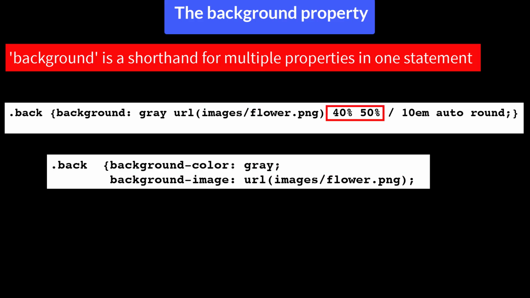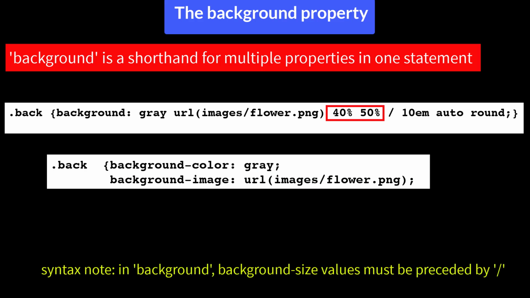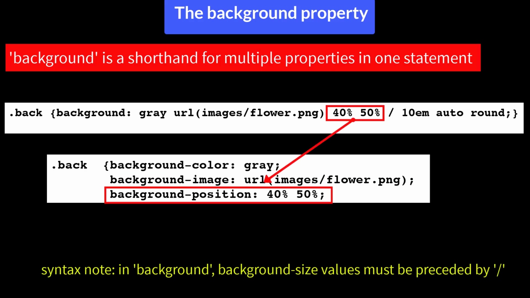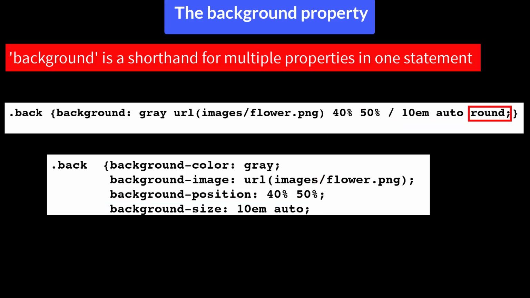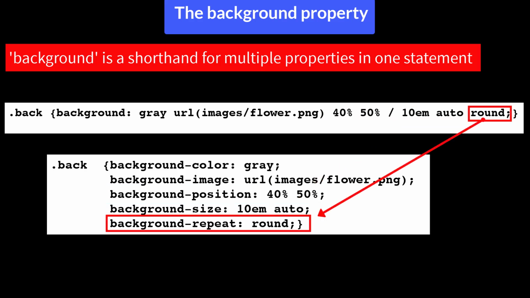The 40%, 50% pair could be a background size or a background position entry, but background size elements using this notation must be preceded by a /, so the browser can deduce you mean background position 40%, 50%, and background size 10em auto. And round only applies to the background repeat property, so you clearly meant background repeat round.